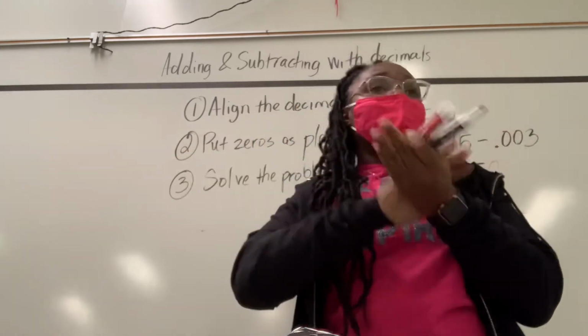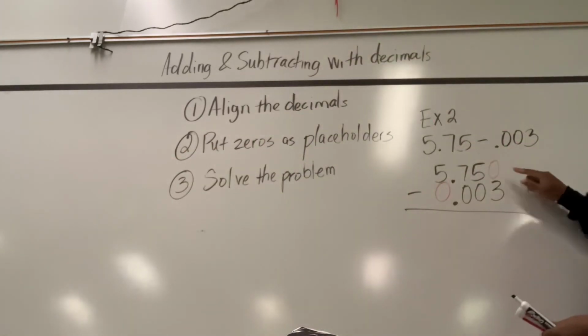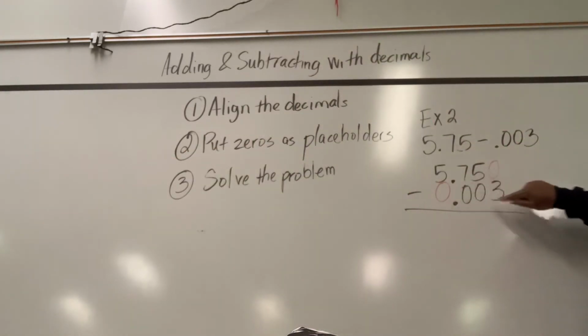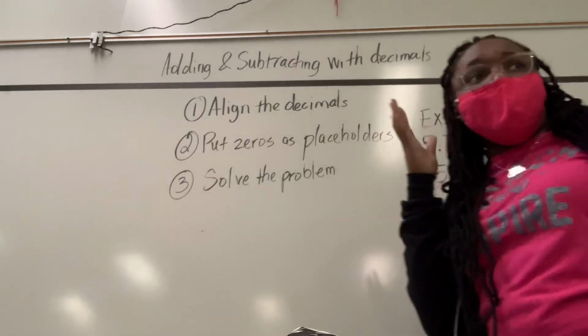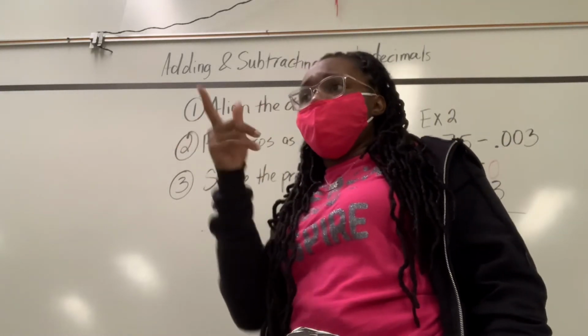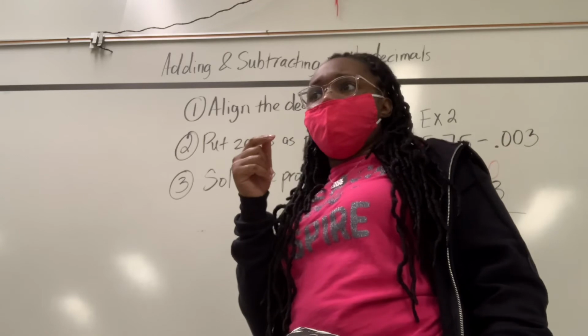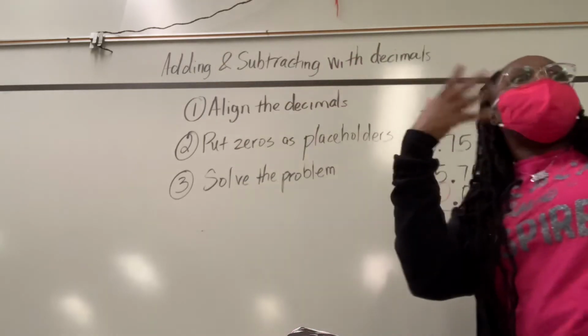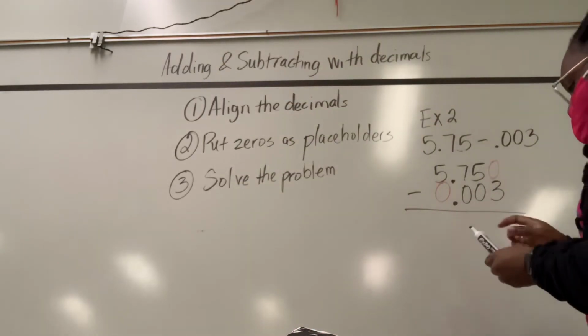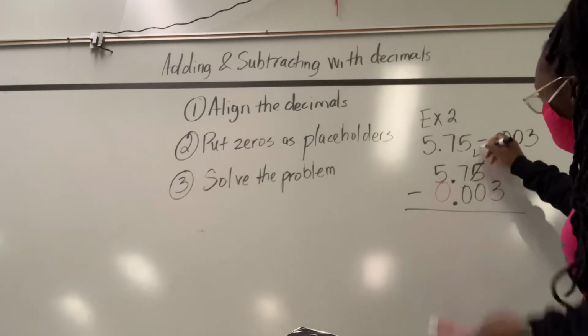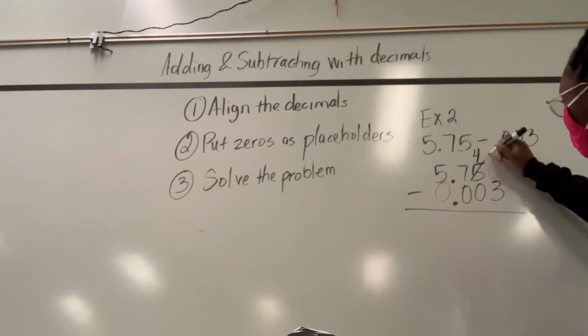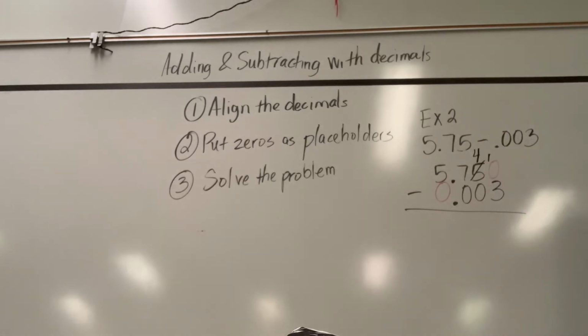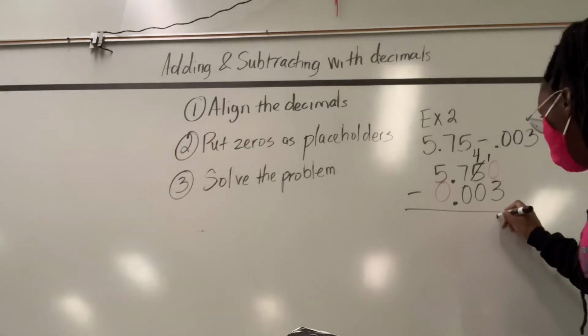So now I'm at step 3. Just solve it. Get to the bottom of this problem. Well, we do know 0 minus 3 I can't do. So think elementary school. What do we have to do? Move over and regroup. Regroup, borrow, right? Remember those words they taught you? So 5 turns into 4 because it's 1 down. And 0. So 10 minus 3 is 7.